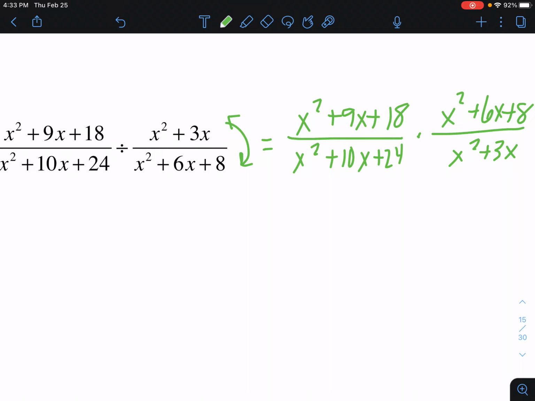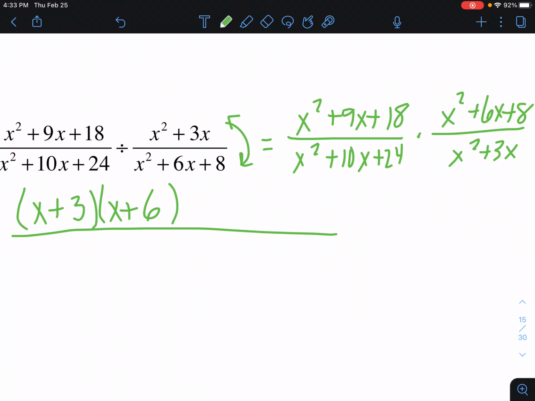And now we're ready to factor. Just turn it into one big fraction. The top left, very easy trinomial. So what two numbers multiply to get, and by the way, only pluses here, it makes it super easy. What two numbers multiply to get 18 and add up to get 9? 3 and 6.